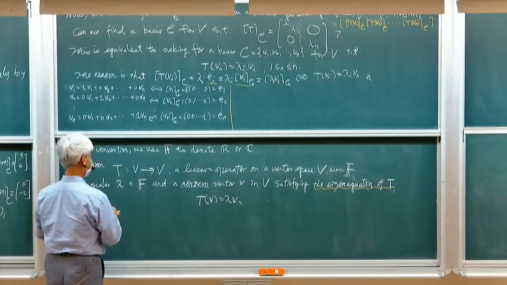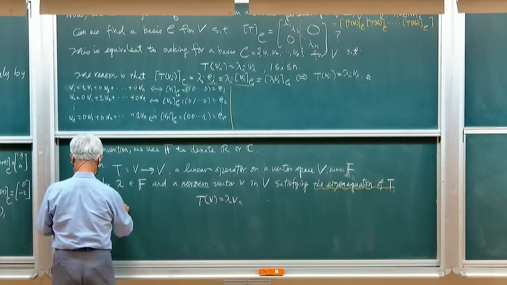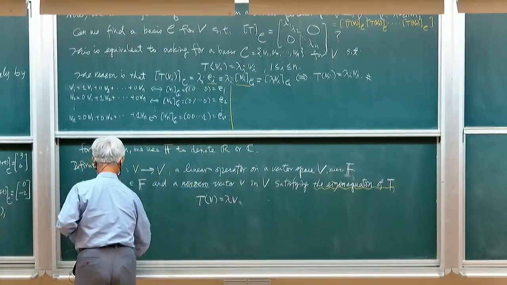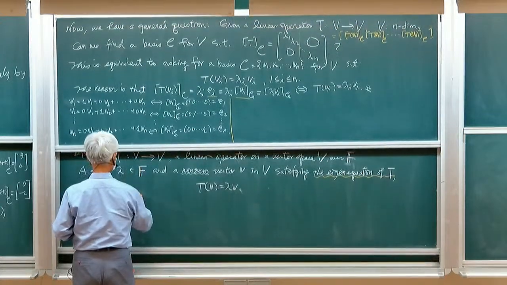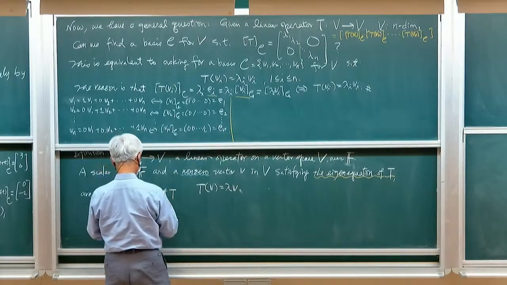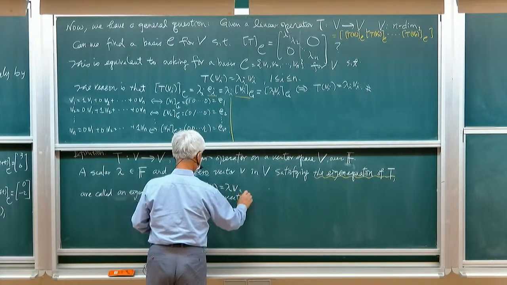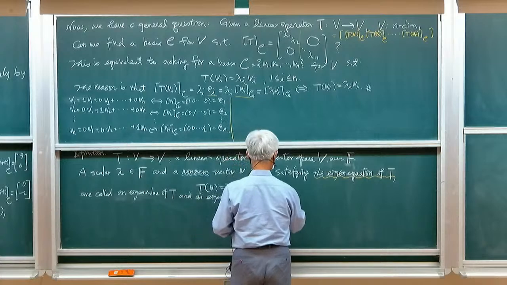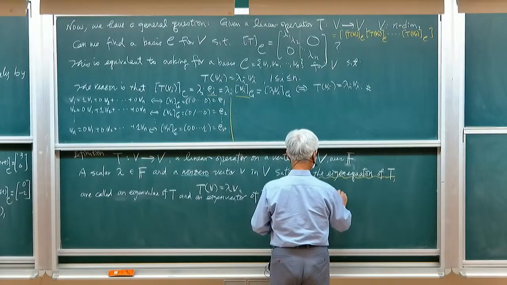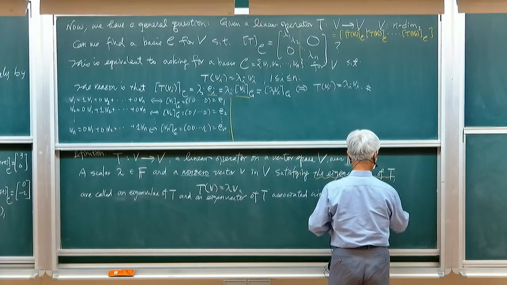So they are called an eigenvalue of T and an eigenvector of T associated with eigenvalue lambda, respectively.